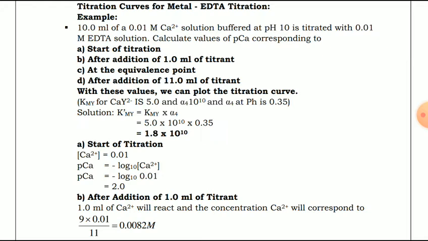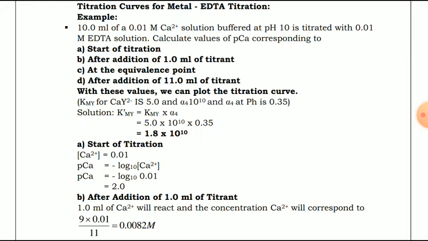Again I repeat. All of you know the formula M1V1 is equal to M2V2, right? In this case, suppose we want to calculate the concentration of calcium 2+ ion, then M1, the concentration of the EDTA, is 0.01, right?